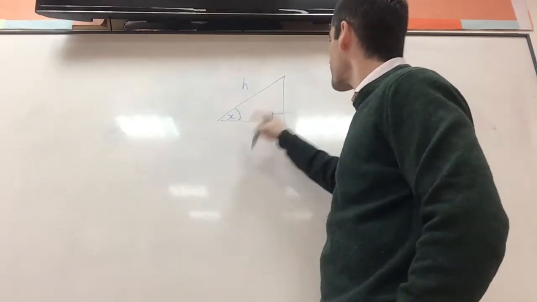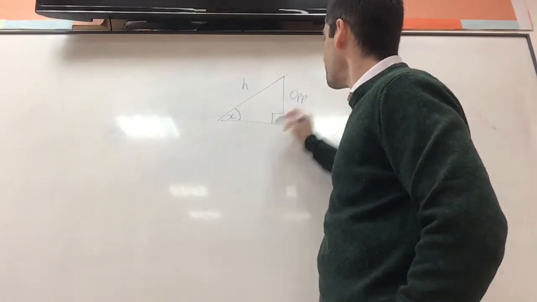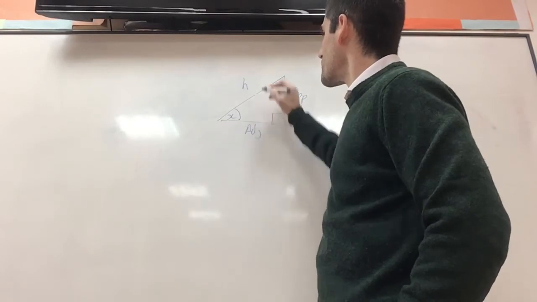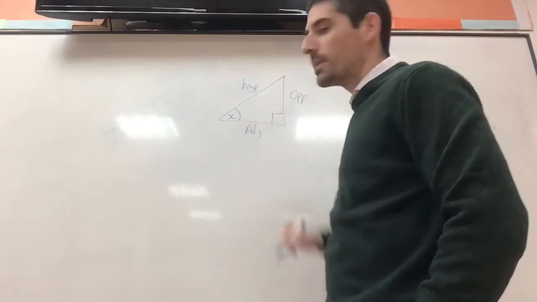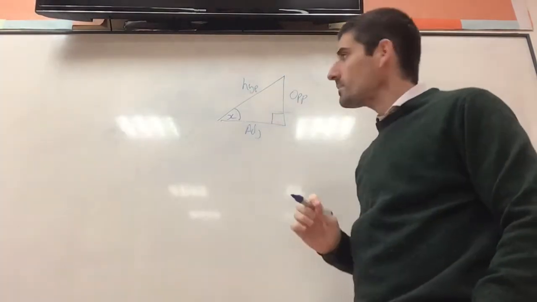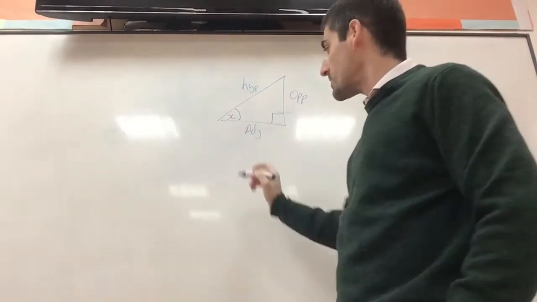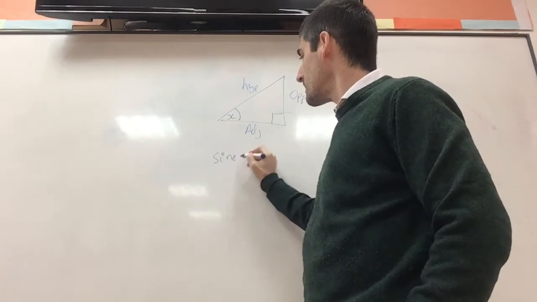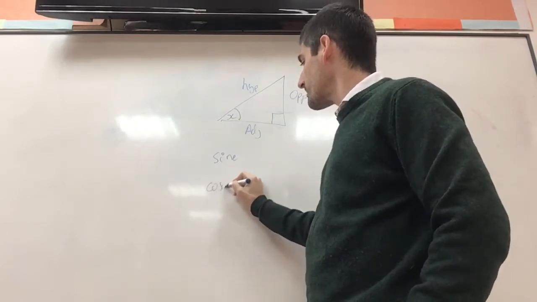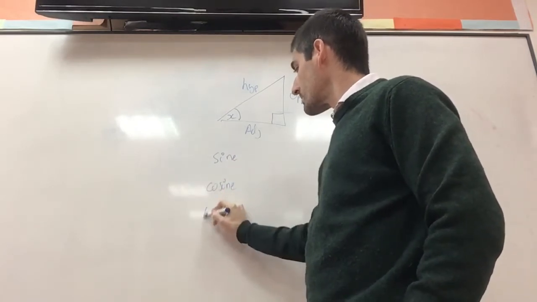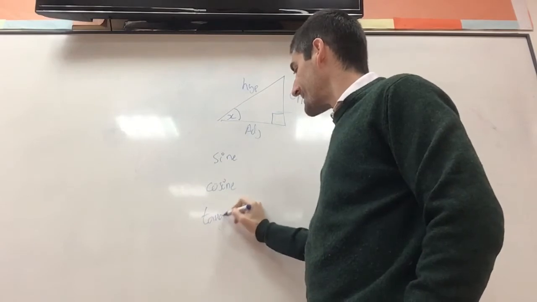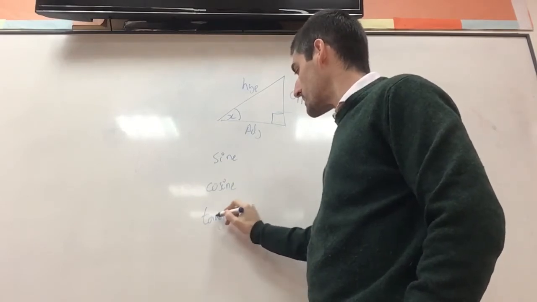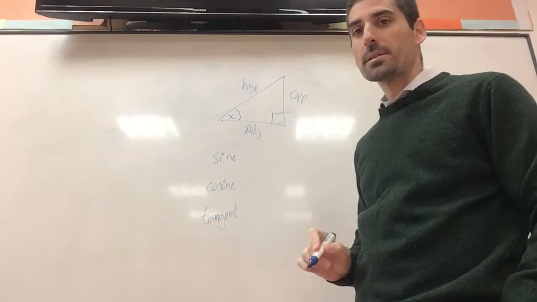Hypotenuse, opposite, adjacent. Okay, so the three trigonometric ratios are called the sine, the cosine, and the tangent. Like the tangent to a circle, it's the same thing, the tangent.